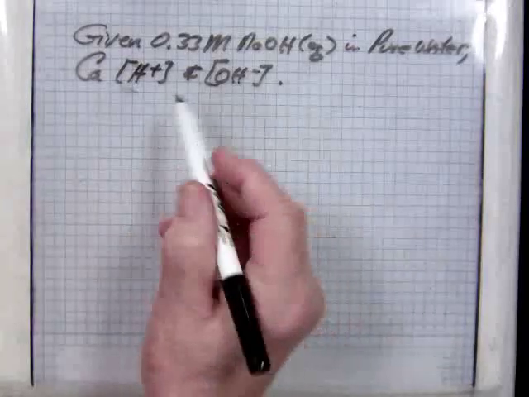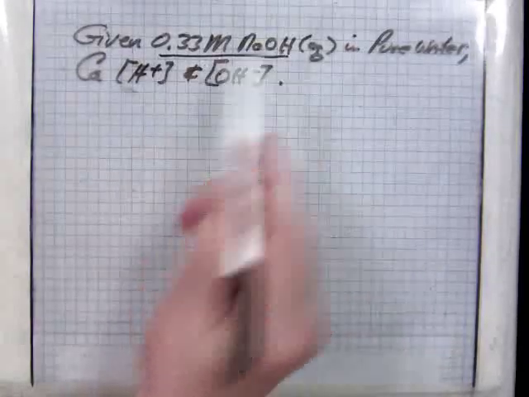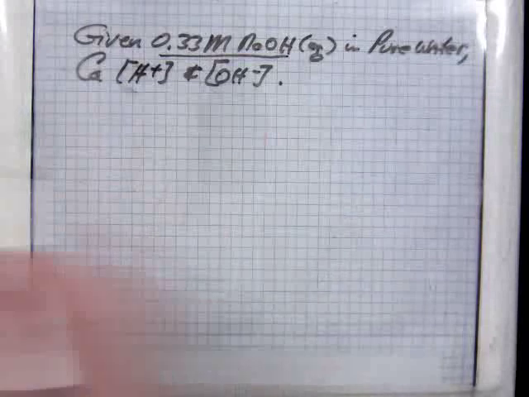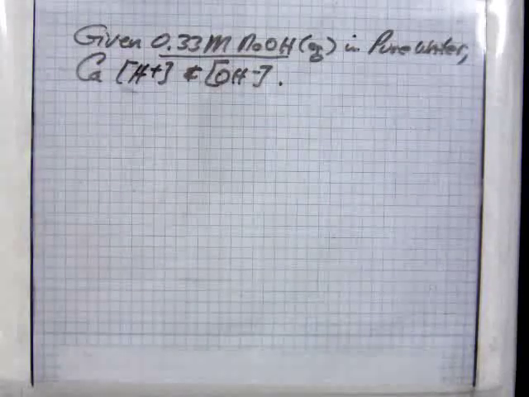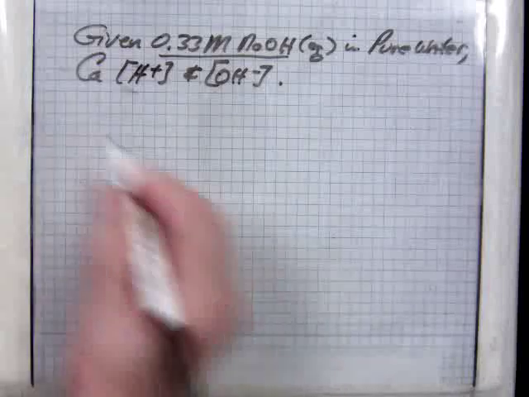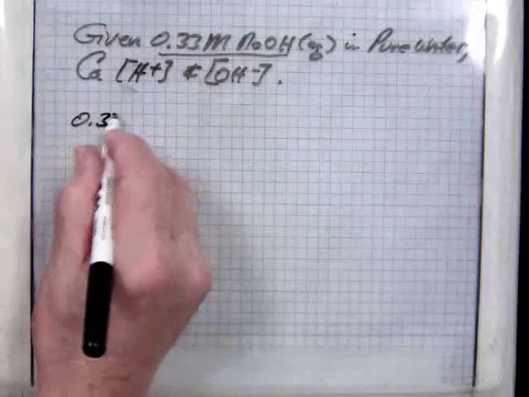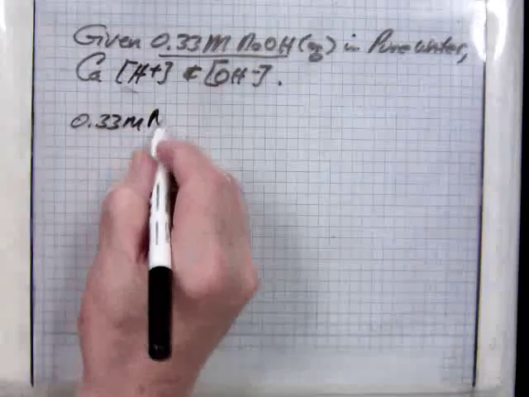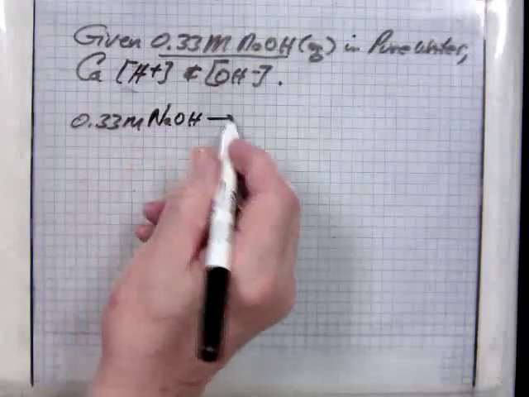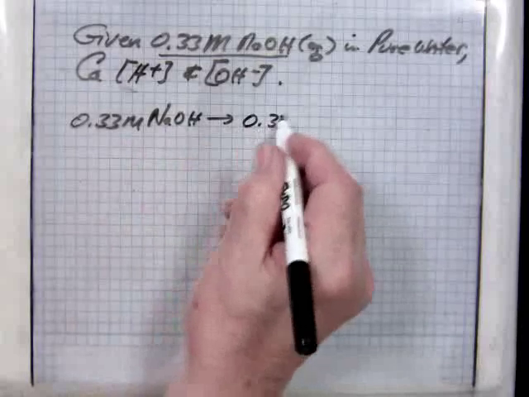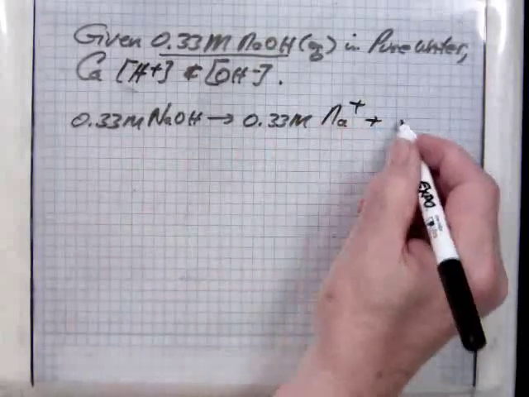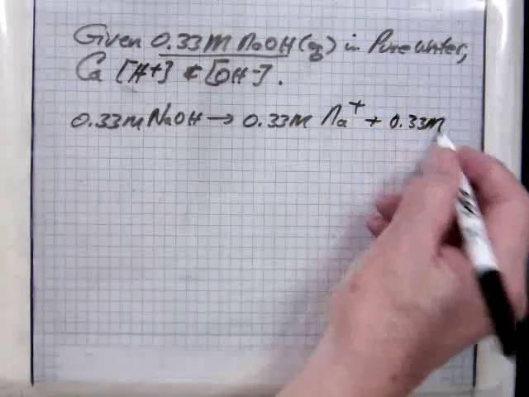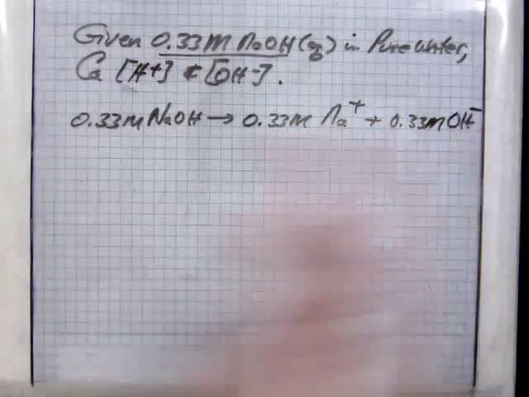So we note that we're working with a 0.33 molar sodium hydroxide, and sodium is a group 1 metal. And so group 1 hydroxides are strong bases. So we have a 0.33 molar sodium hydroxide will go to a 0.33 molar in sodium ions and 0.33 molar in hydroxide ions.